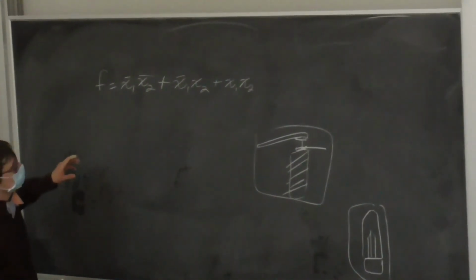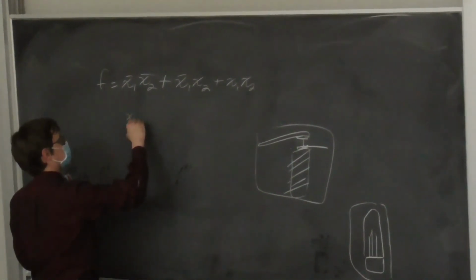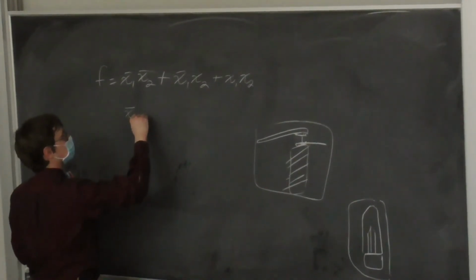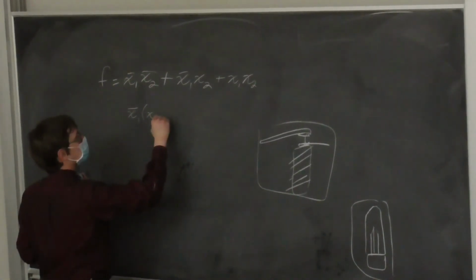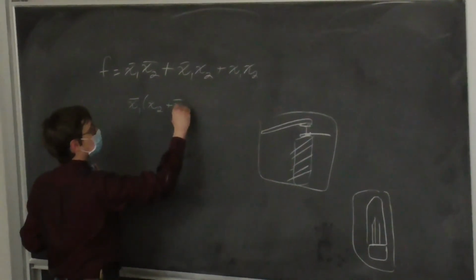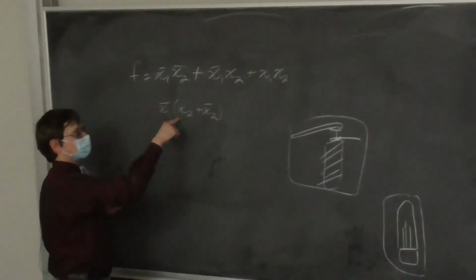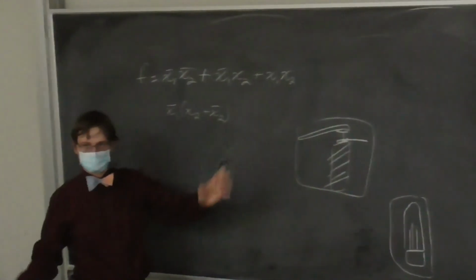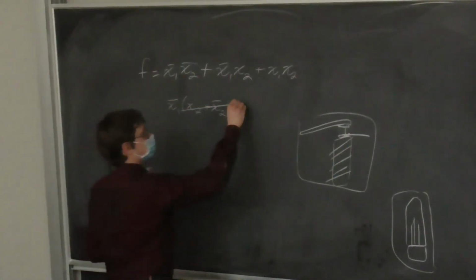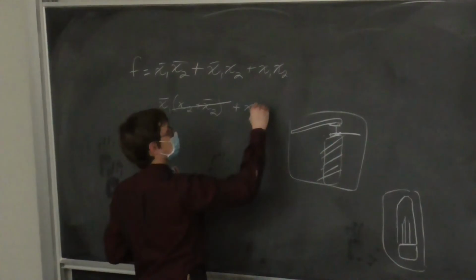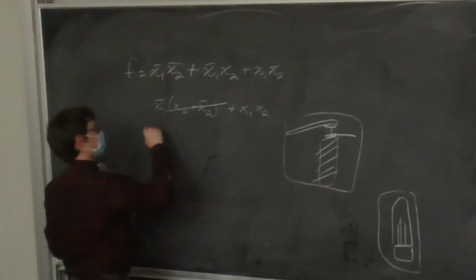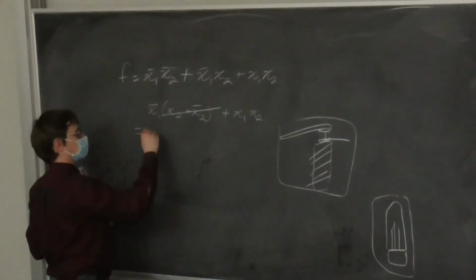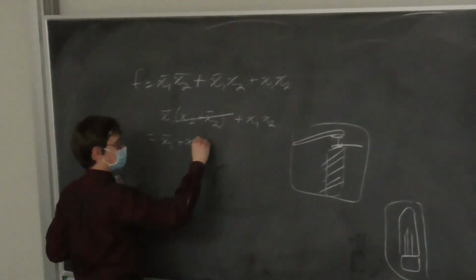So we can collect these guys, right? So we got x2 or not x2 is always going to be true. So we can cancel that term. Right? So we result in not x1 plus x1, x2.